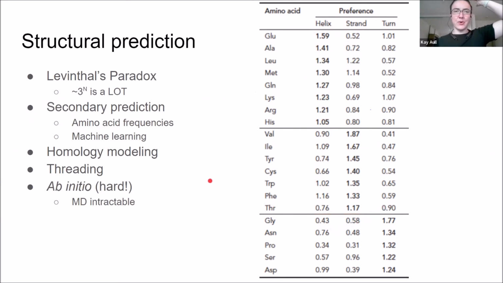And you can do homology modeling, where I say this sequence looks a lot like this other protein that I have a structure for. I'm going to start with that structure for this domain. And you can take your slightly different sequence and try to thread it onto an existing model to do a sort of alignment in 3D space.